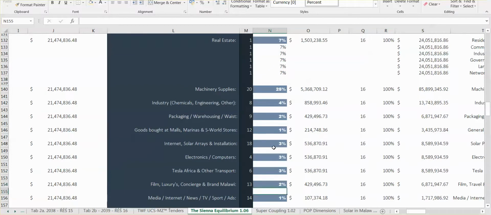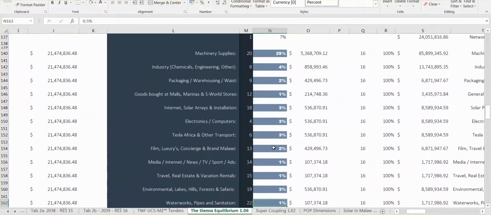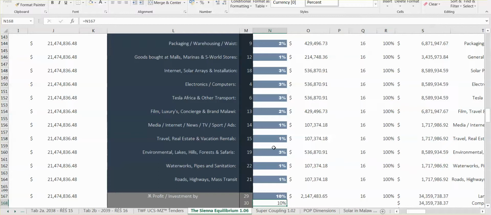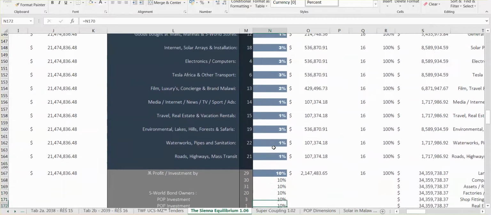This is 2% going to the film industry, that's there to promote the Malawi and everything that we're doing. 1% to media, news, 1% to travel, 3% to environmental, 1% to waterworks, 1% highways and roads.